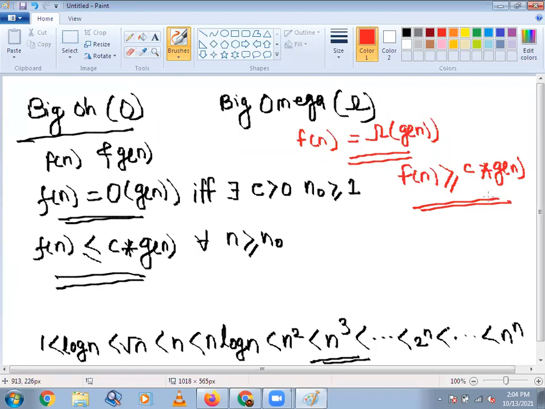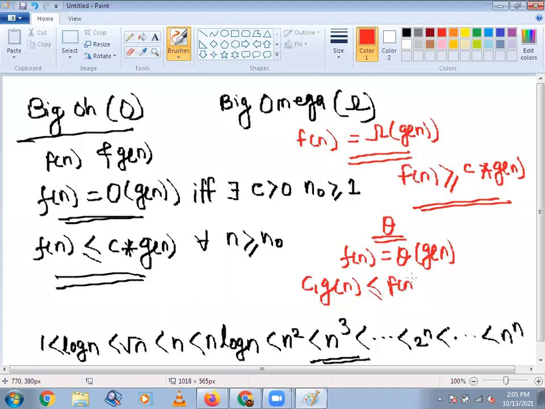Omega is also known as lower bound, and we have seen that the big theta symbol is theta, and these two functions f of n and g of n can be written like this: f of n is equal to theta of g of n, such that c1 into g of n is less than or equal to f of n is less than or equal to c2 into g of n.